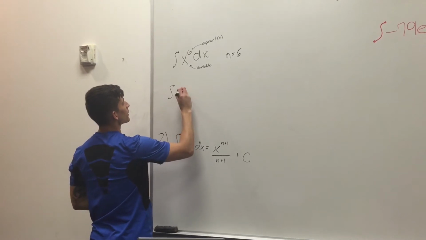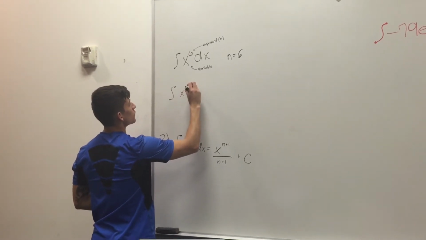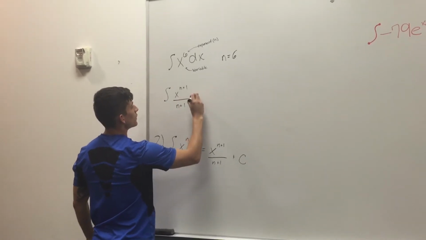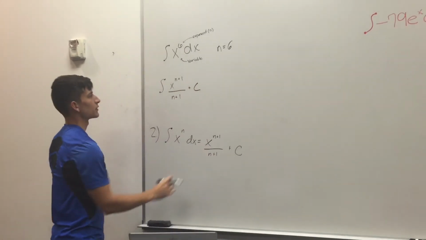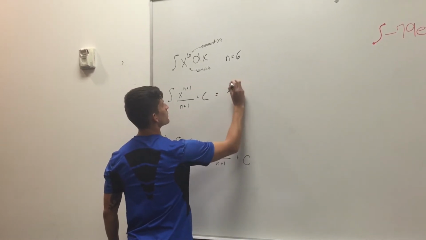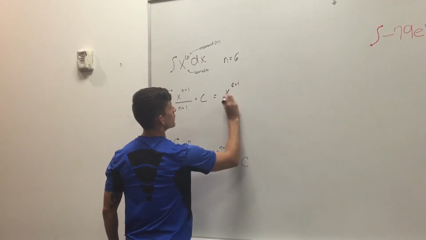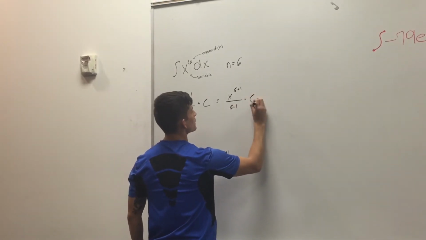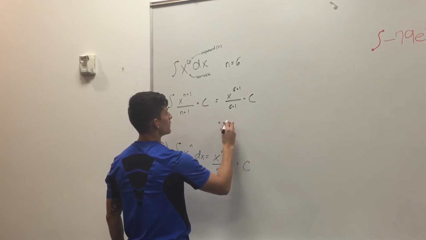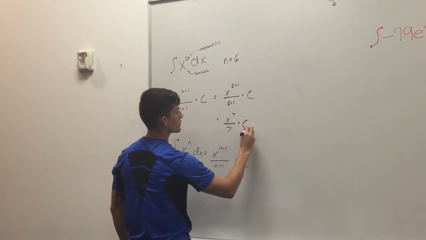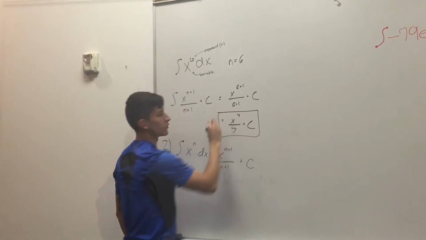What we're going to be doing is what we did down here. So now I'm just going to plug the numbers in. So x to the 6 plus 1 over 6 plus 1 plus c. And that is x to the 7th over 7 plus c, which is your integral.